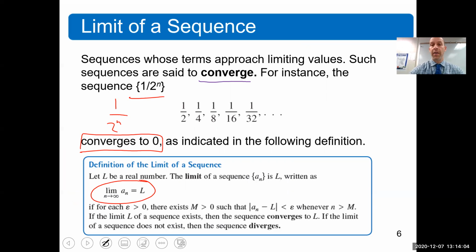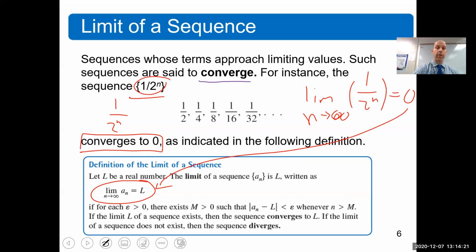As n goes to infinity, our nth term of 1 over 2 to the n turns out to be 0. And 0 is a real number, therefore we say it converges. If it does not equal a real number, we then say it diverges or doesn't exist.